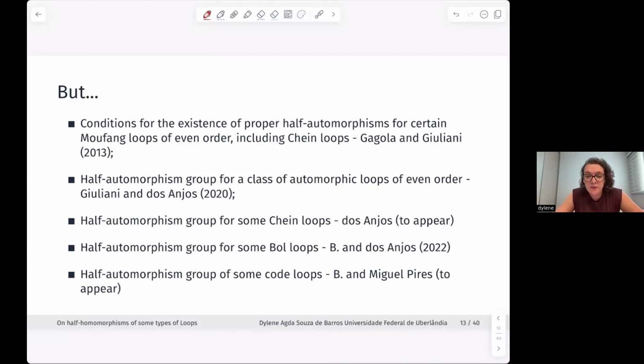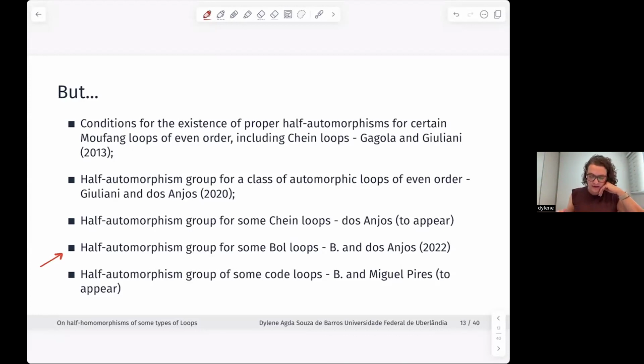There's a description of the half automorphism group of some chain loops, of some Bol loops, and of some code loops. Okay. From now on, I'm going to discuss this result.